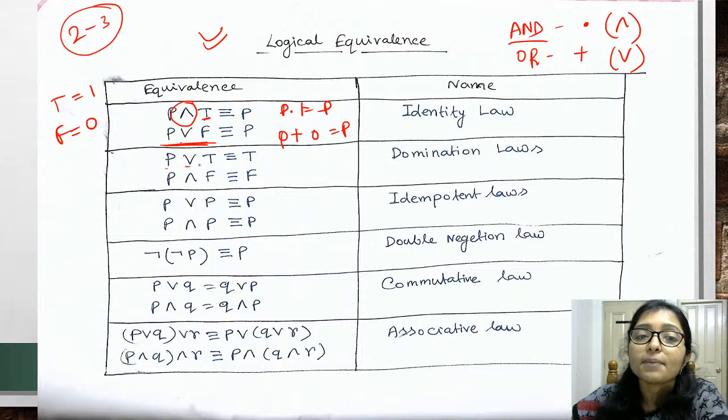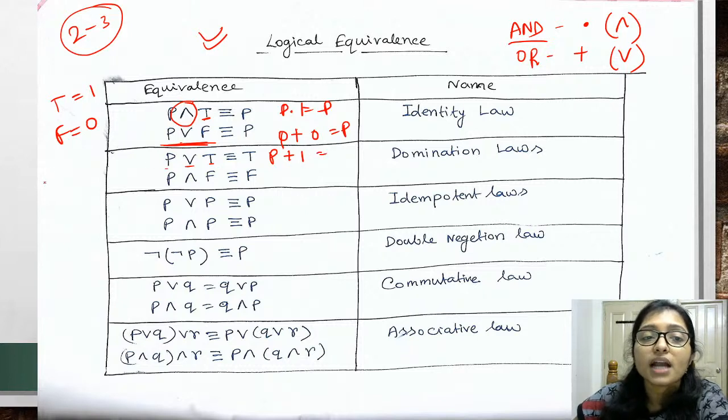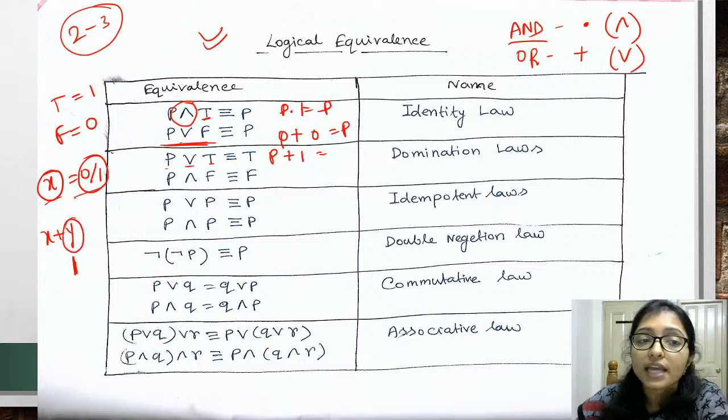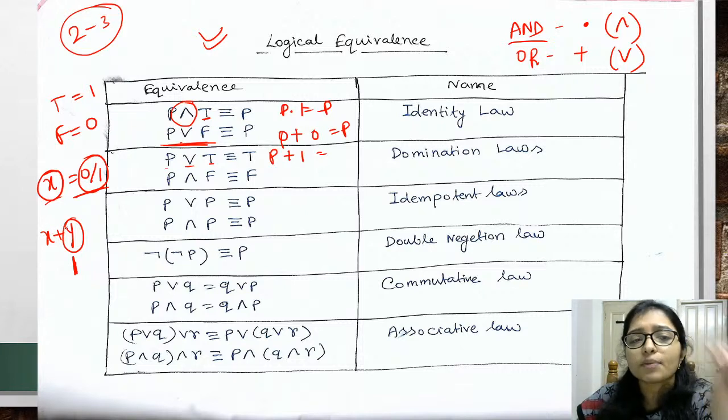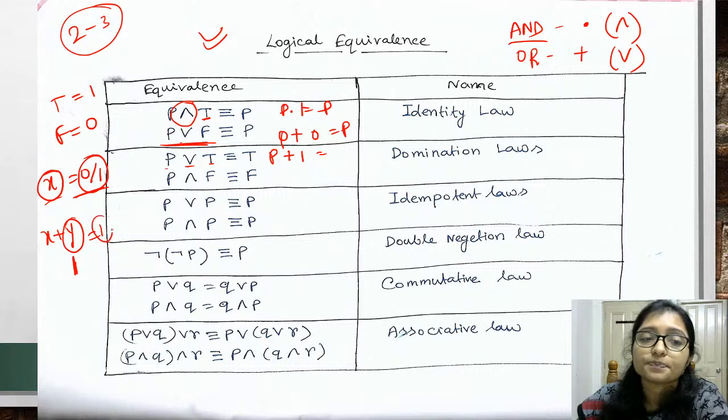And here P or T means P plus 1. Anything with 1: think of x as 0 or 1, anything can be there. If you do x plus y, and y is always 1, then the other value does not affect it. Because when you are doing addition, whatever the value can be, 0 or 1, definitely it will be 1.